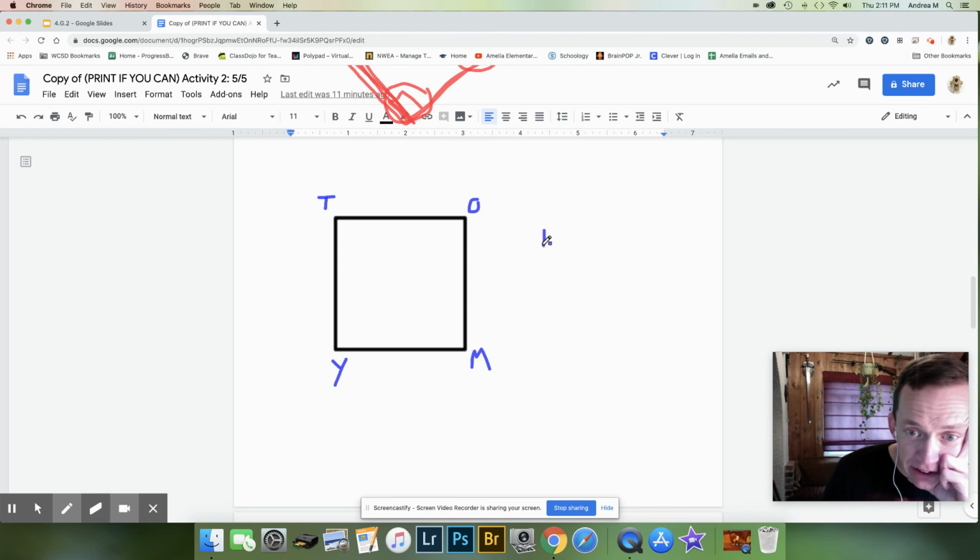So if I said line segment TO, you could have said OT if you wanted to, is perpendicular, I'm going to use that little symbol there, it is perpendicular, not parallel, to OM right here, okay? OM.